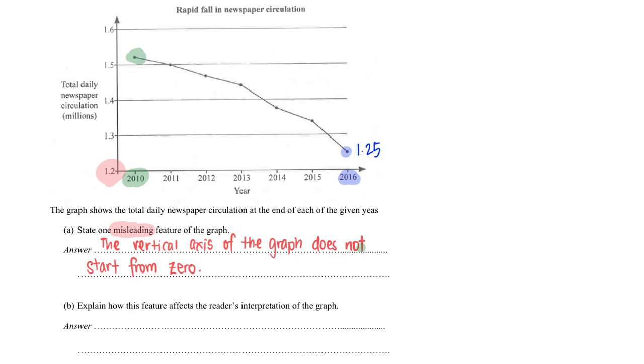This one is about 1.5 for easy calculation, since we are talking about millions.